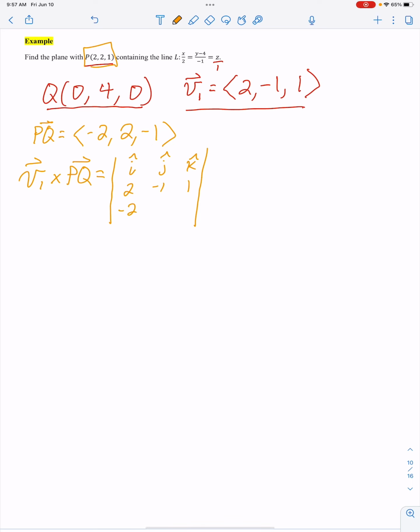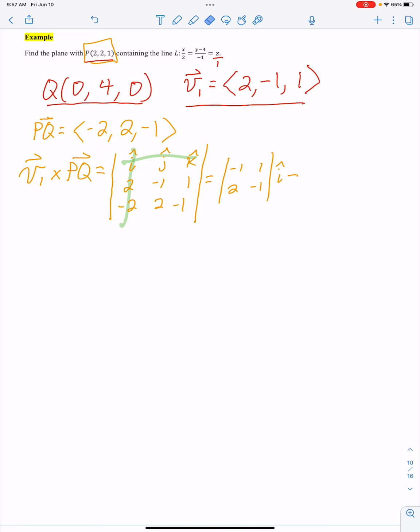The other one is (-2, 2, -1). Then I use my method here. Cover that column up, I grab what's in there, the 2 by 2 determinants for i, j, and k.